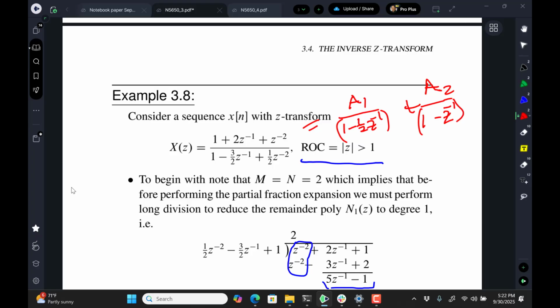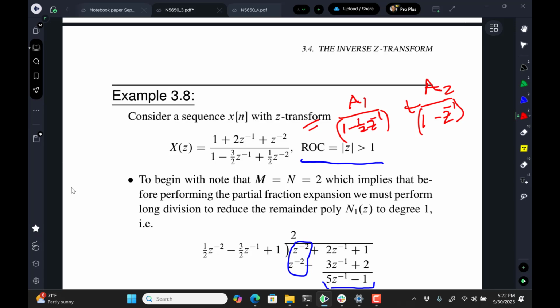Yeah, I have the answer already, actually. And then you would solve for the residues, A1 and A2, by multiplying the original X of z by 1 minus 1/2 z to the minus 1 to get A1, and so on.